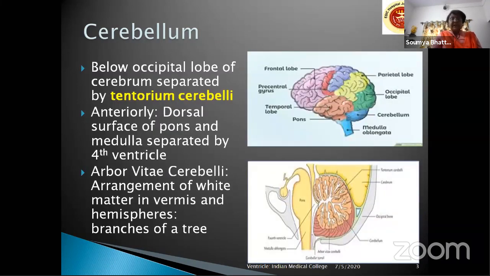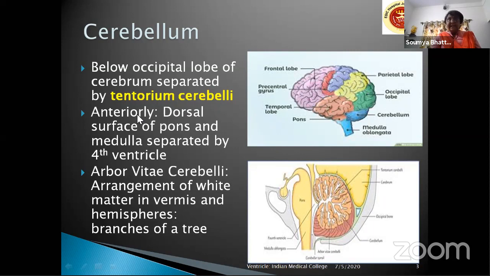Now, it is important that the attachment of the tentorium cerebelli comes under the meningeal attachments. So, before we proceed, you have to review your knowledge about the falx cerebri, the falx cerebelli, and the tentorium cerebelli. To remind you a little, the tentorium cerebelli is like a tent, so it is separating the occipital lobe from the cerebellum.